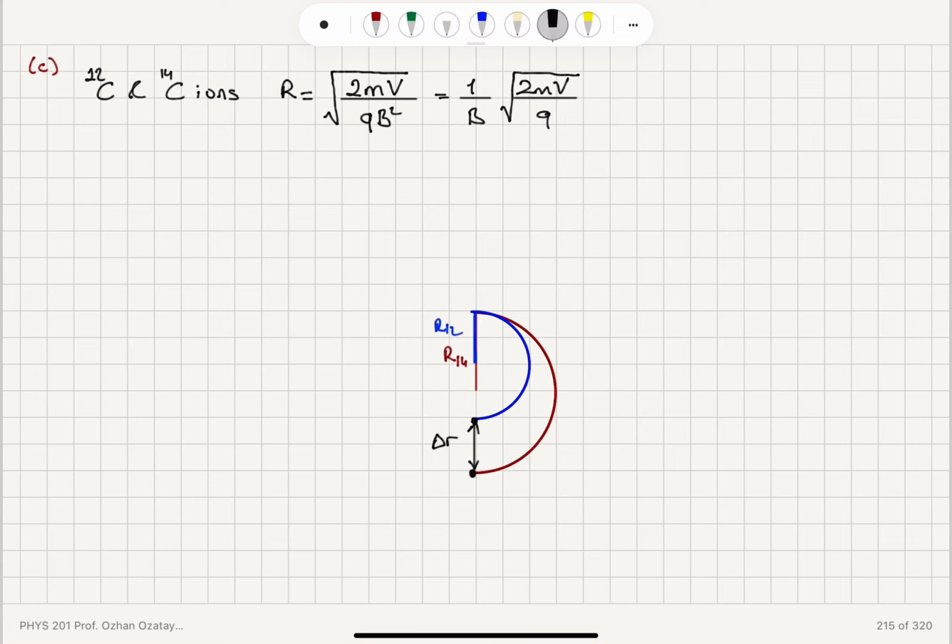So let's calculate the radius for the carbon-12 ion.